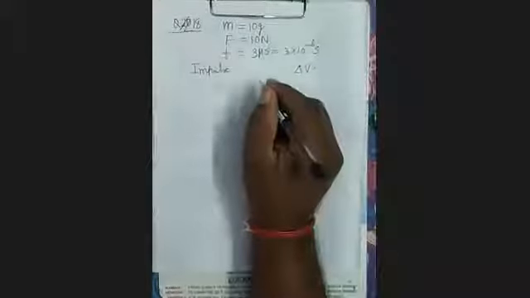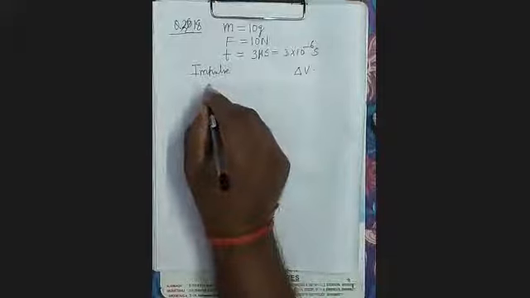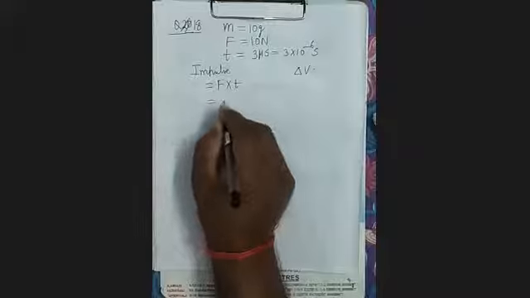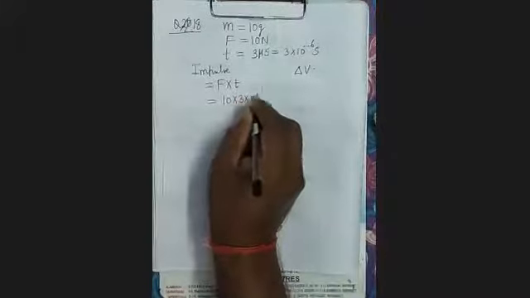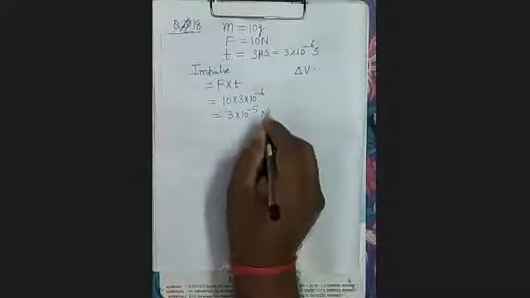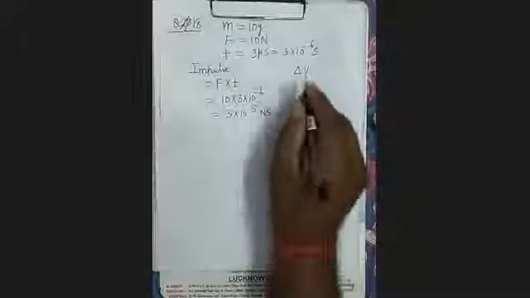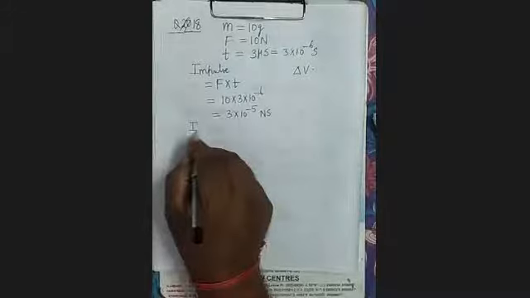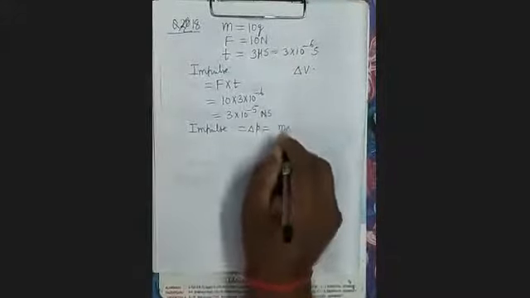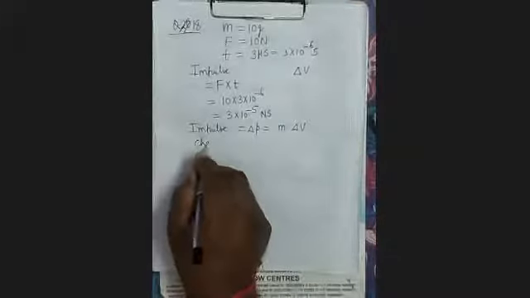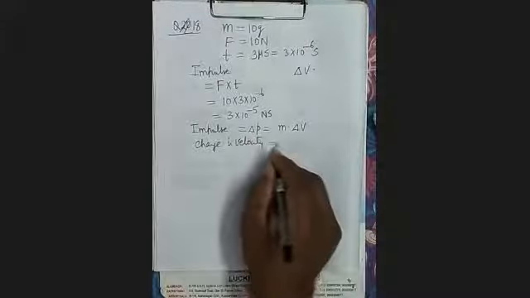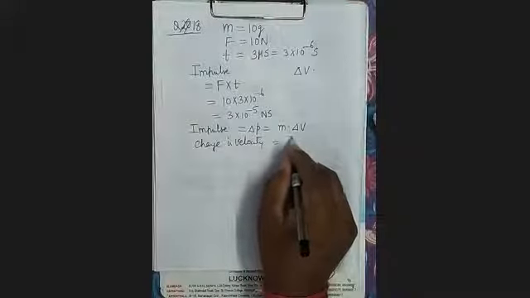How will you find impulse? As you know, impulse equals F into T, that is 10 into 3 into 10 to the power minus 6, that is 3 into 10 to the power minus 5 Newton second. Then the change in velocity. As you know, impulse equals delta P, the change in momentum, which is equal to m into delta V. So the change in velocity will equal impulse upon mass.